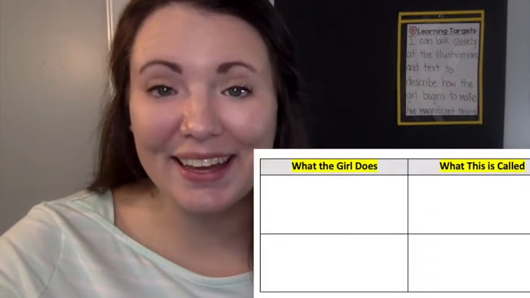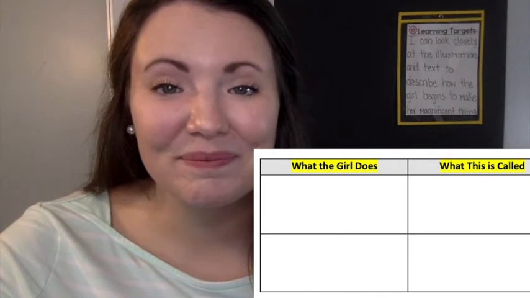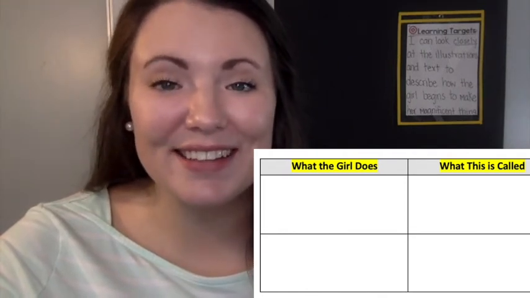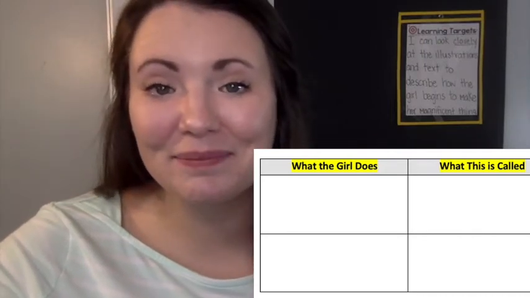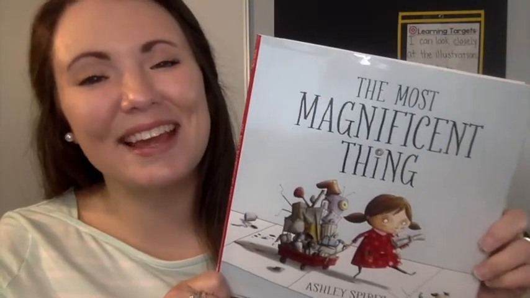To answer our question, we'll have to pay close attention to what she's doing and what that's called. We'll be charting what she's doing and what that's called on our anchor chart. On one side, we'll write all the things that the girl does, and on the other side, we'll write down those habits of character. Let's get started with our book, The Most Magnificent Thing.